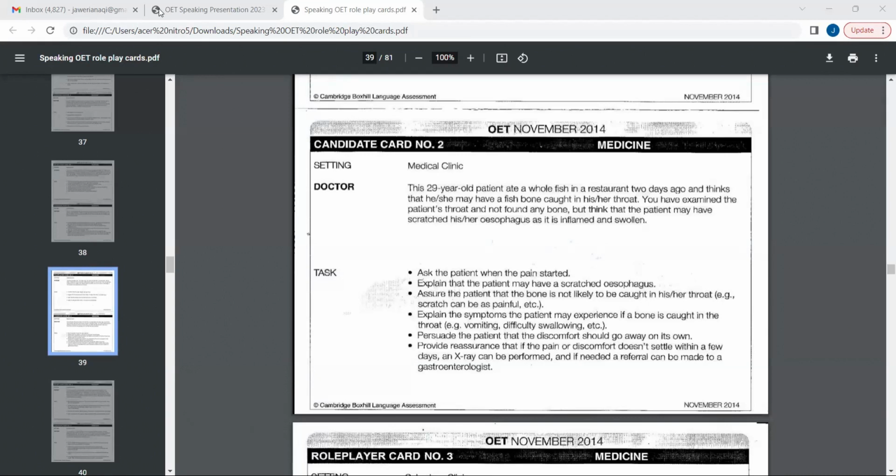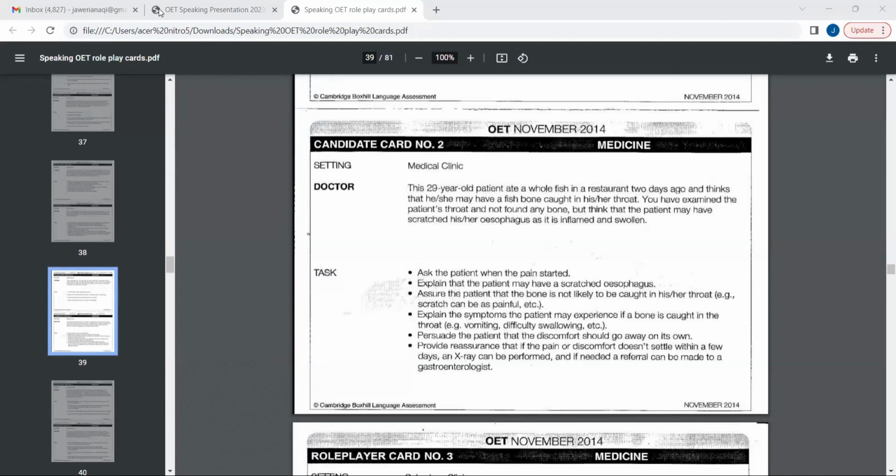Okay, thank you so much. I'm going to sum up what we have talked about. You come to me today after swallowing fish bone, and you feel irritated and pain. The pain is going down, and there's no vomiting and no difficulty swallowing.